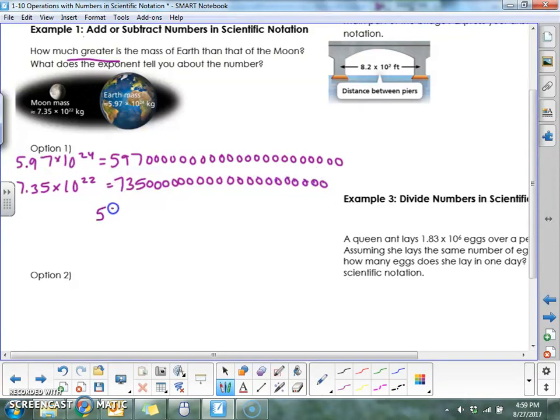So when I line them up, this one is going to start essentially 2 more place values to the right, since it has 2 less numbers in it. So let's add on our zeros here. Again, we have 22 zeros here. And then I had 735 and then 20 zeros here.